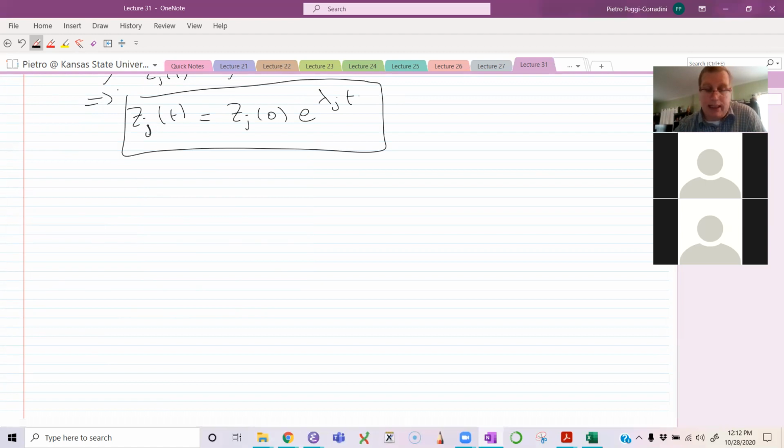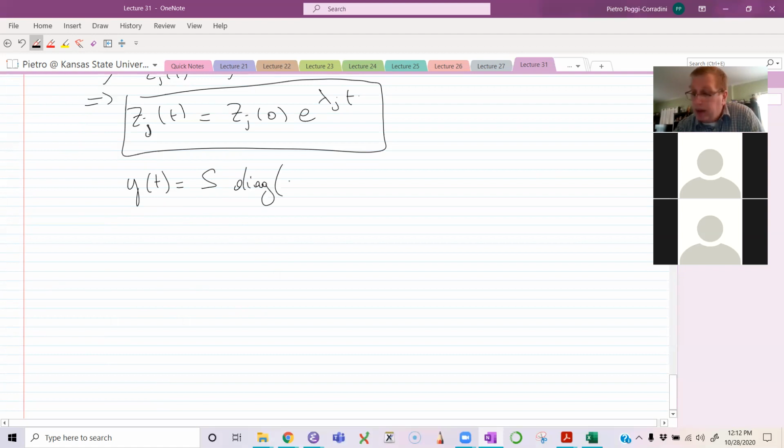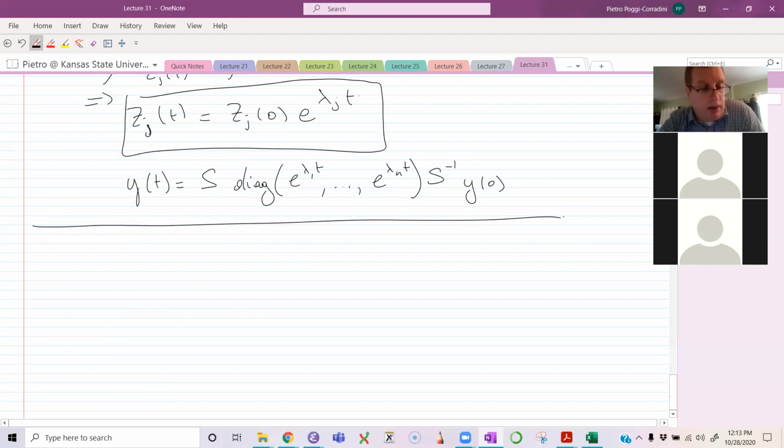And you can then go back and write y as S times the diagonal matrix e to the lambda 1 t, through e to the lambda n t. So that's the general solution to this type of equation.